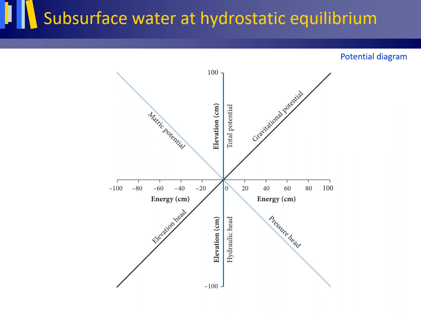Should another level, for instance the land surface, have been taken as reference level, this would only have affected the position of the gravitational potential or elevation headline and the position of the total potential or hydraulic headline, in the sense that both lines would shift to positions parallel to their current positions.